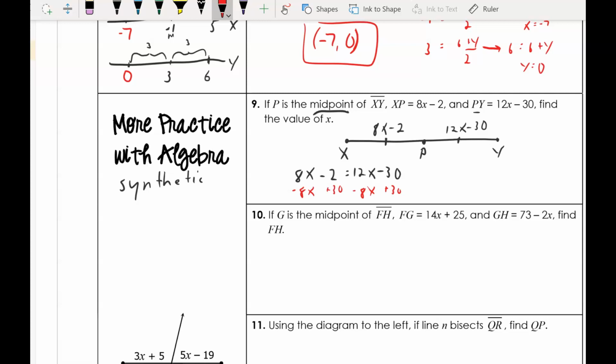So on the left side, I have 28. On the right side, I have 4x, right? 12x minus 8x is 4x. And then divide both sides by 4. And we have x equals 28 divided by 4, which is 7.